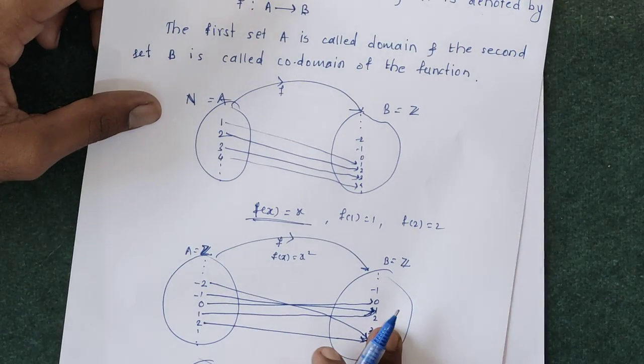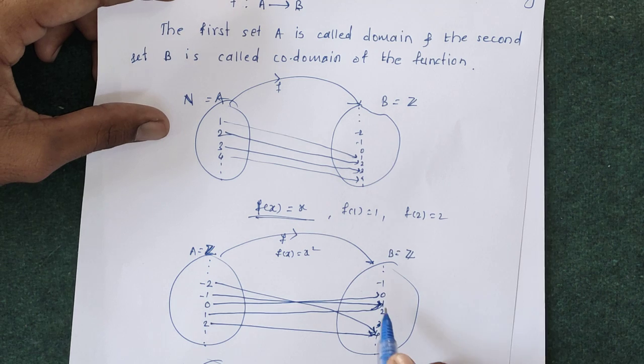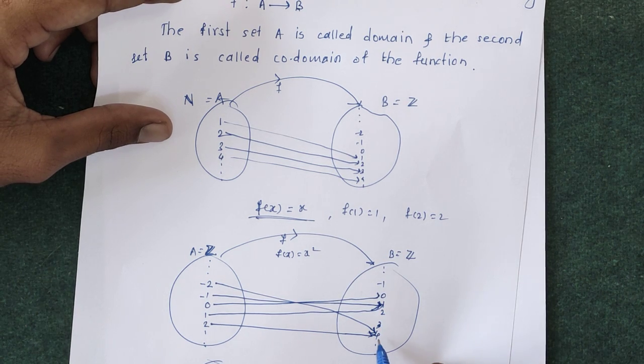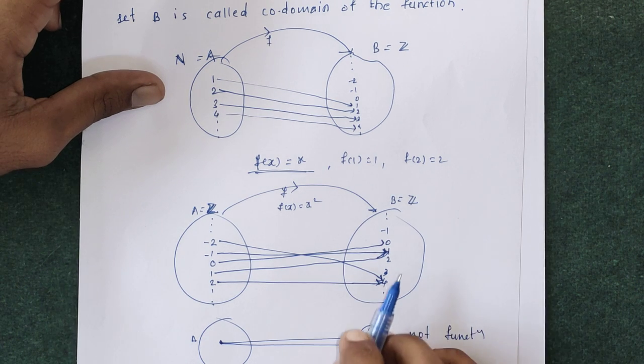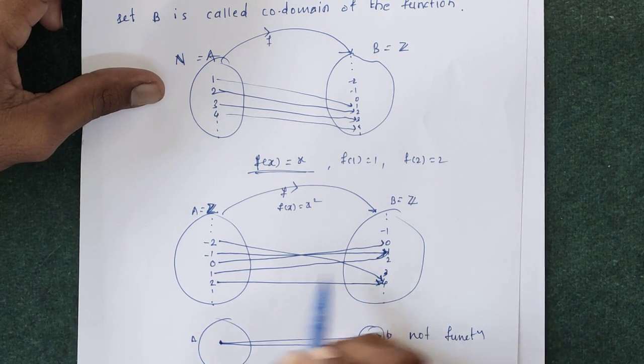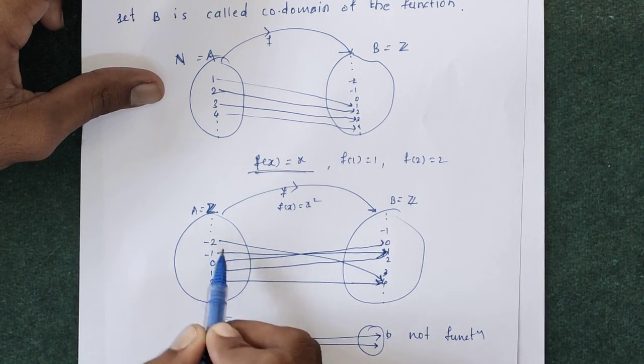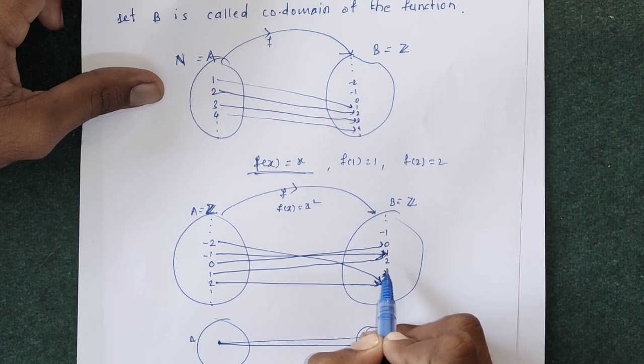If we see, suppose f of x is equal to x square, then 0, 1, 4, 9, 16, all the elements are images of some elements in the domain.